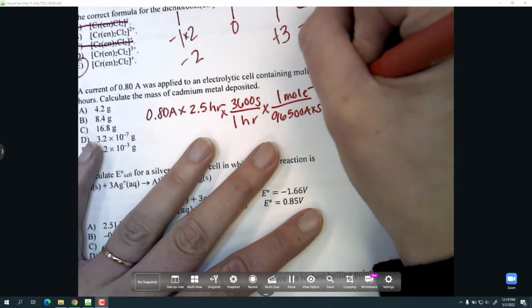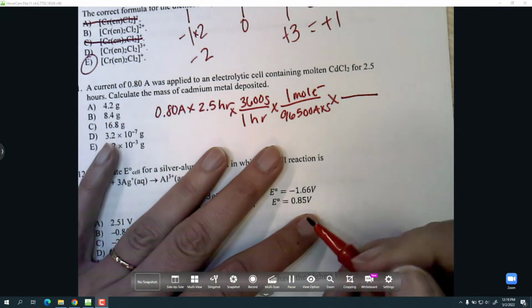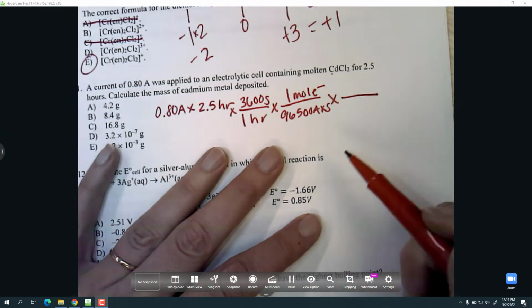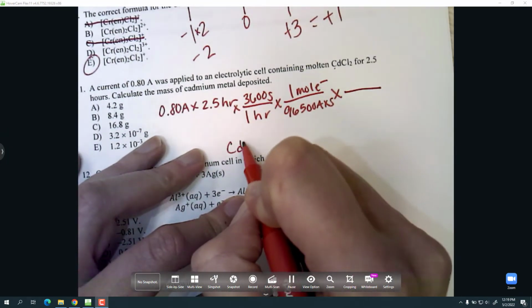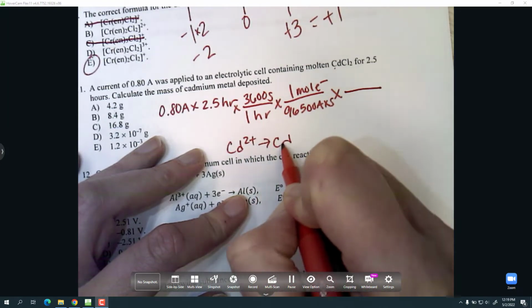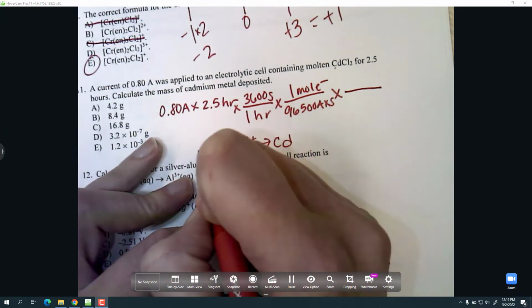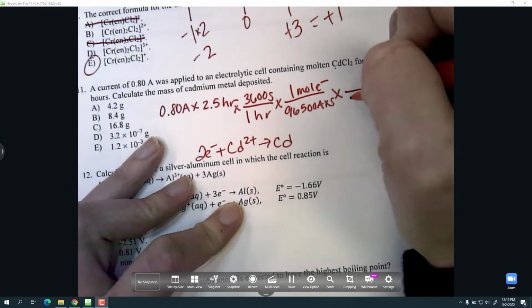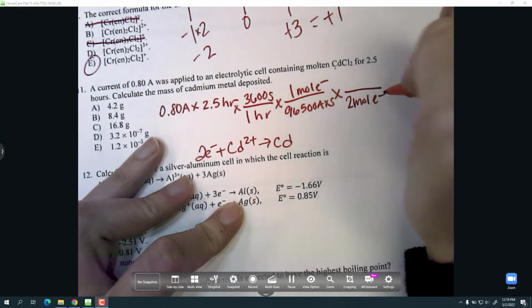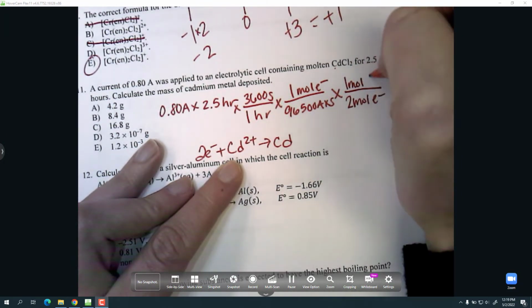Then I need to go from moles of electrons to moles of stuff. I can see this is cadmium 2+ because there's 2 chlorines attached to it, becoming cadmium. So 2 moles of electrons for every 1 mole of stuff.